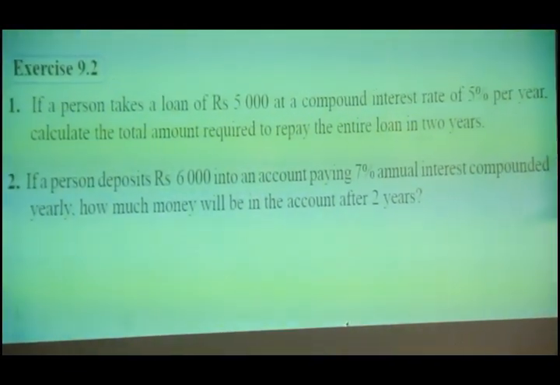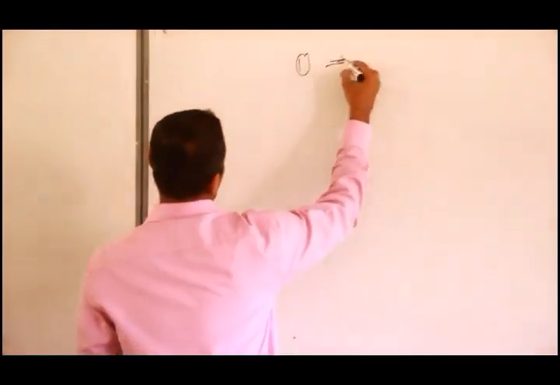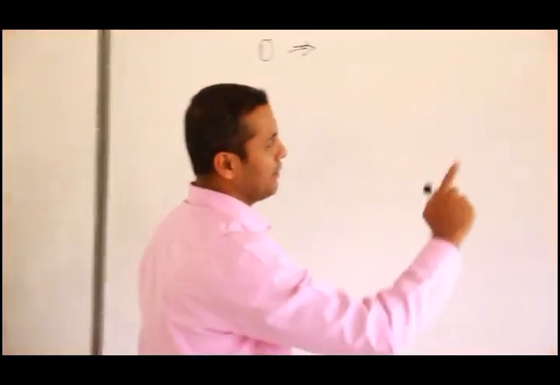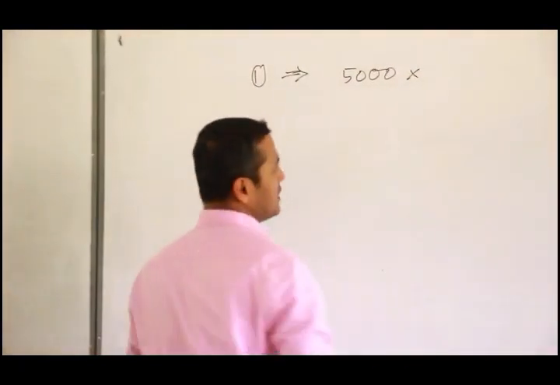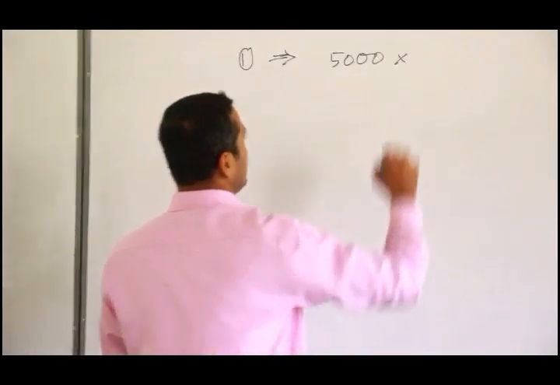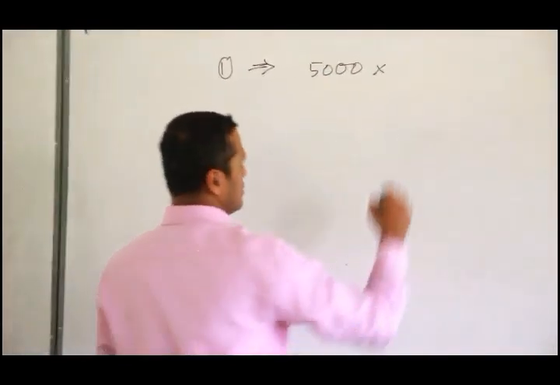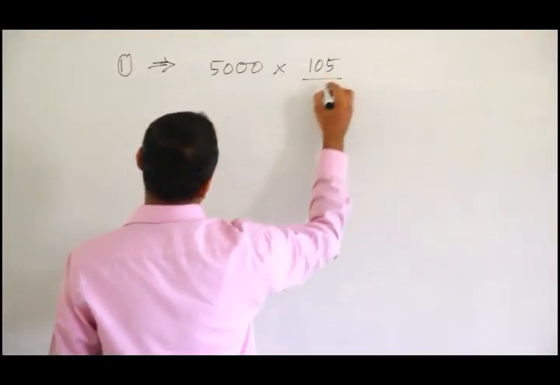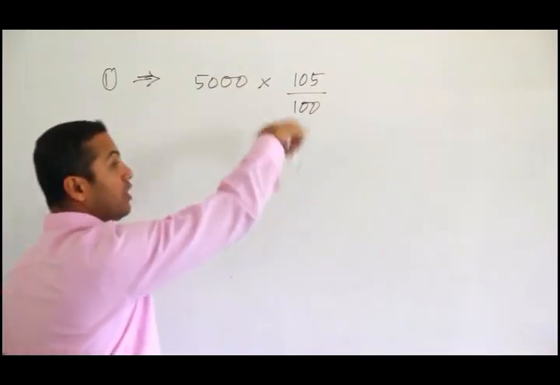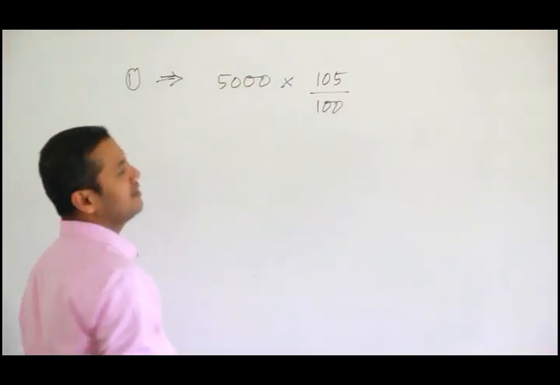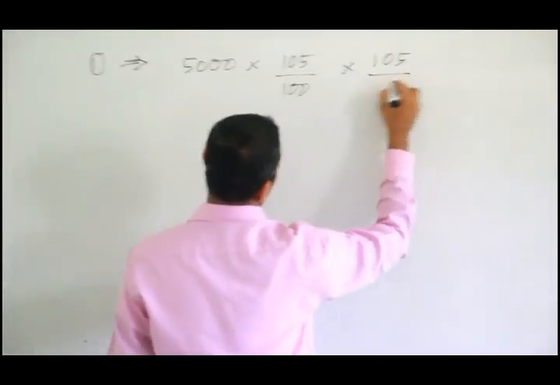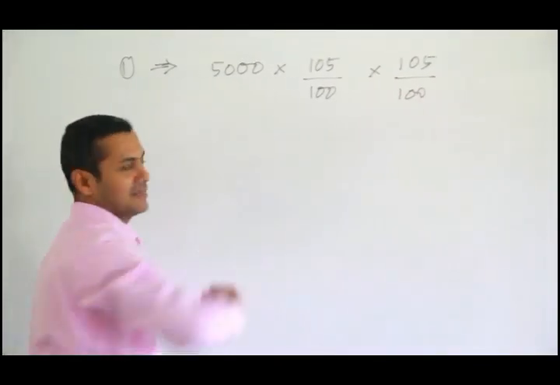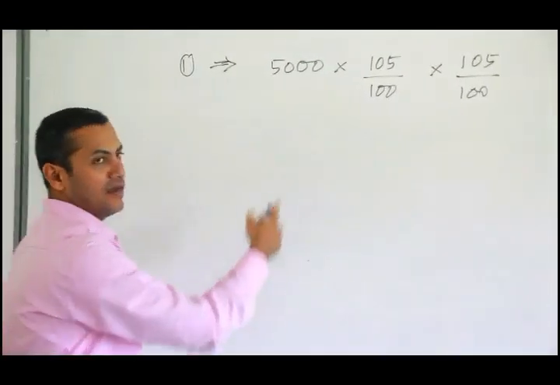For the first question, you can get the total amount by multiplying 5,000 by, what is the percentage given? 5%. Then you add that 5% with 100, then 105 over 100. This is the total amount at the end of the first year. Then for the second year, multiply one more time by this. Is that clear? You can check the answer later.